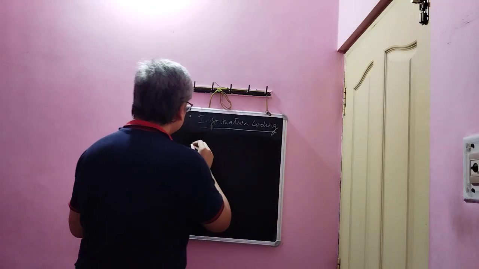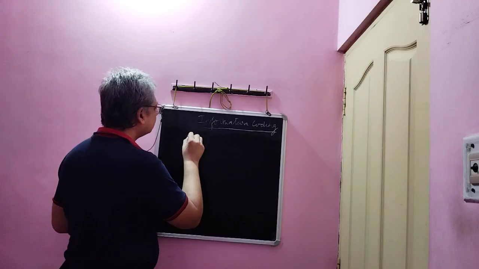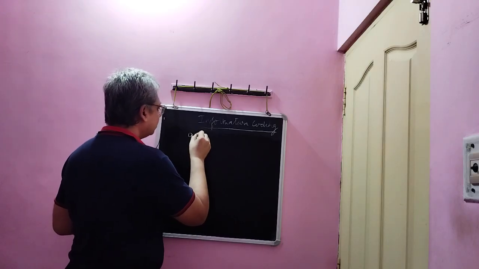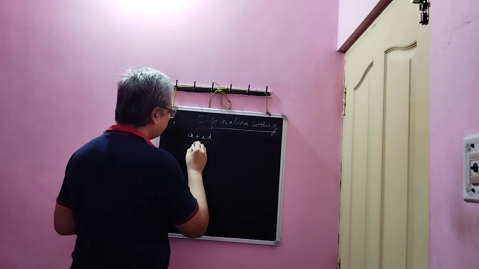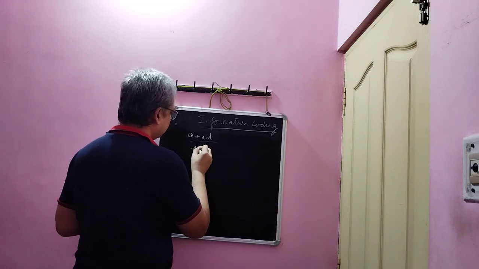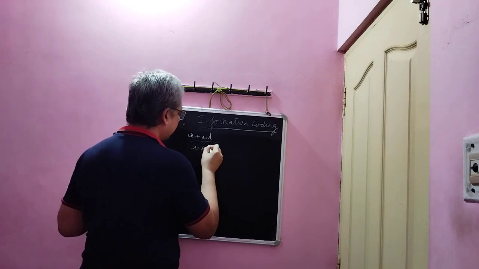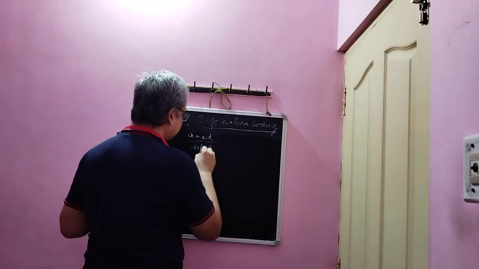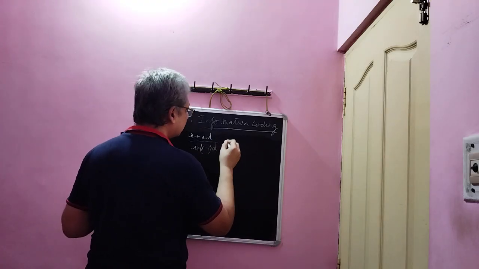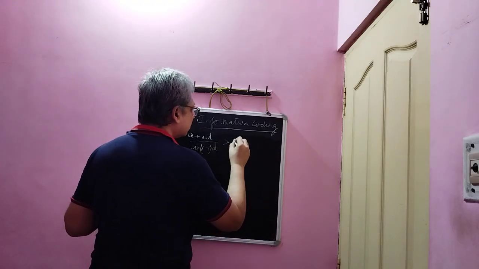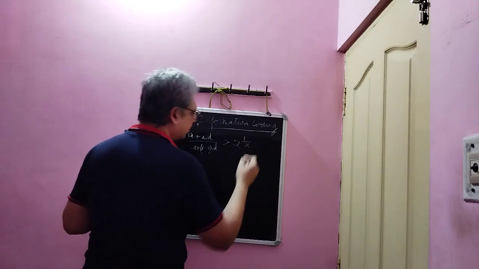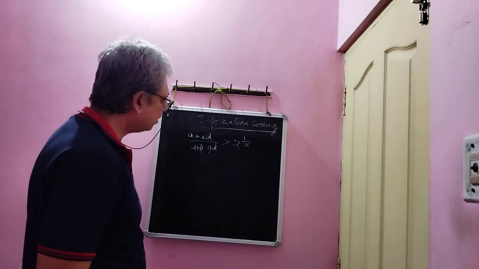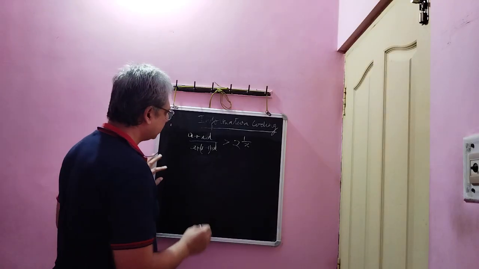In other words, we require a plus id by a plus i minus 1 times d is greater than 2 power 1 by x. Taking the binary log on both sides, what do we get?